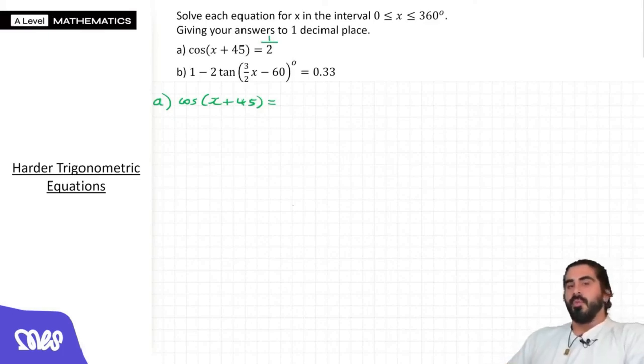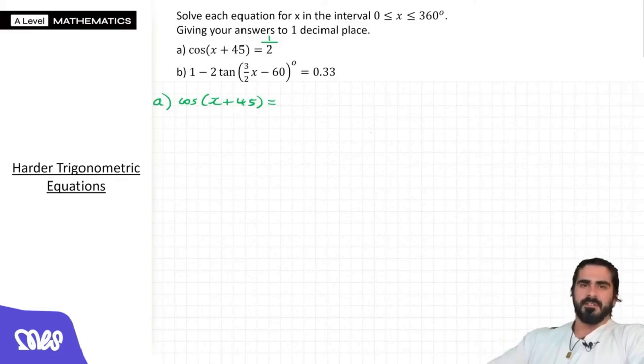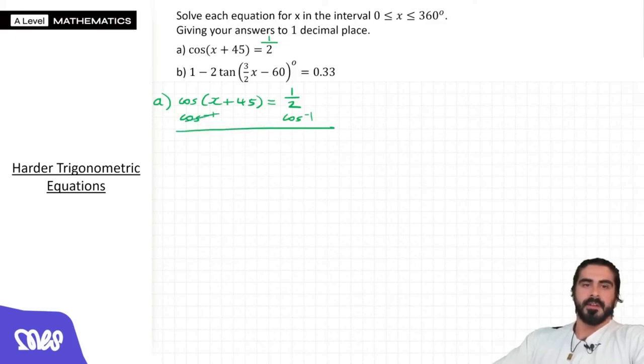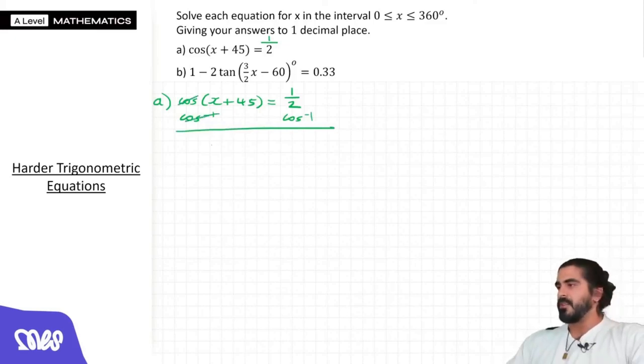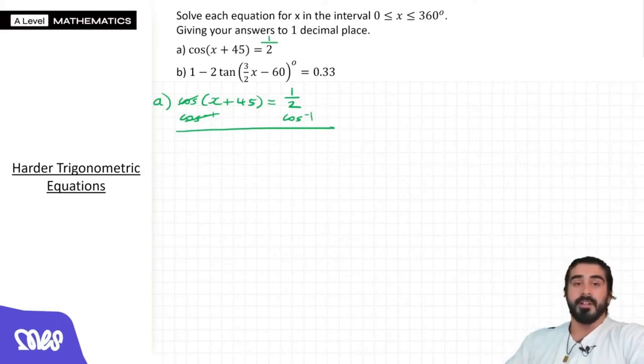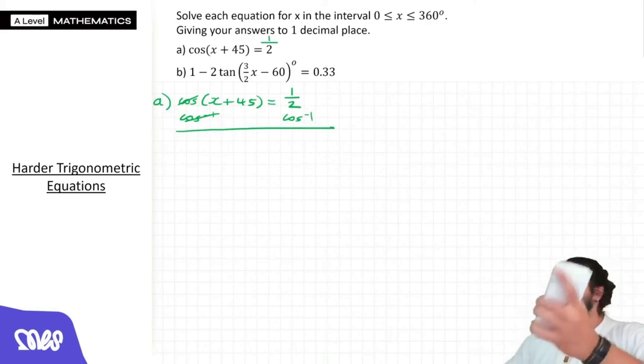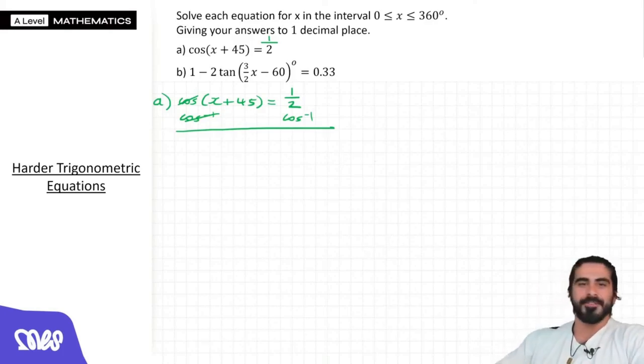So first thing, we do inverse cos, as always. Some of you might know what inverse cos of a half is, but I'm going to pretend you're a student. Really it's 60, but I'm going to type it in anyway, just to make sure I'm not getting this wrong.